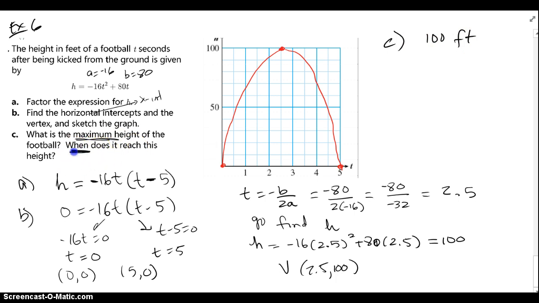The question refers to when, which is time, and that would be at 2.5 seconds, basically. 2.5 seconds after it was thrown, it's going to reach that maximum height of 100 feet. The x-intercepts would imply that the height was 0 to begin with, then it went up, and 5 seconds later it hit the ground again, so the height is back to 0.